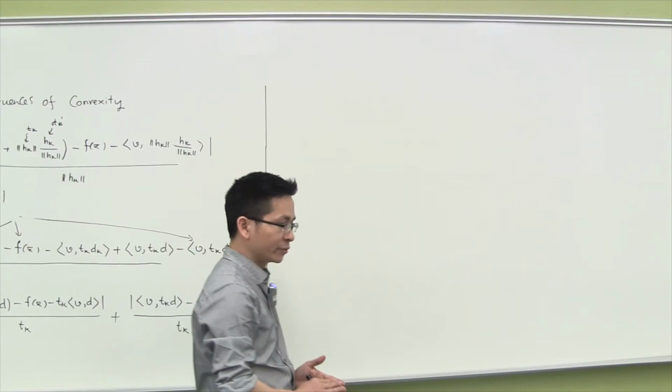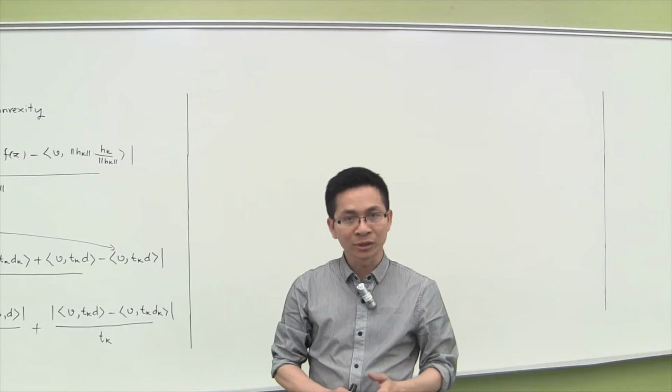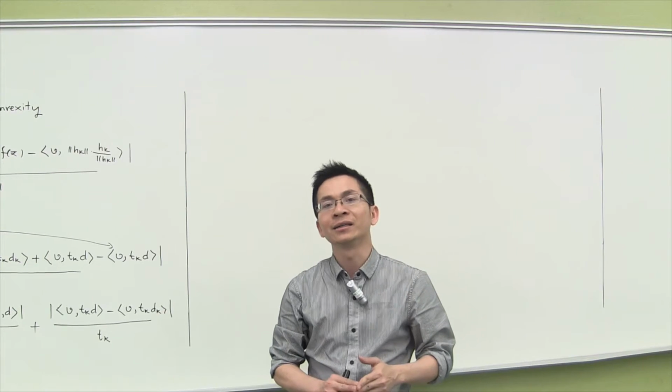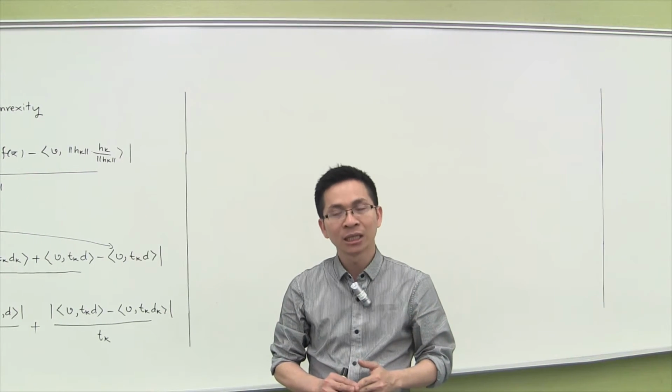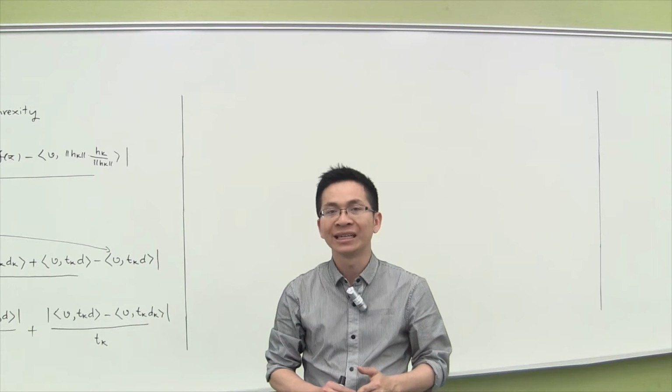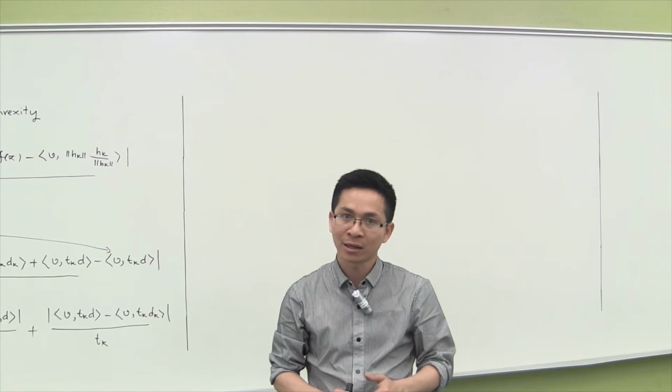To continue the proof, we are going to use a very important property of convex functions. That is, if x bar is a point in the interior of the domain of a convex function, then f is locally Lipschitz continuous at x bar. Okay?